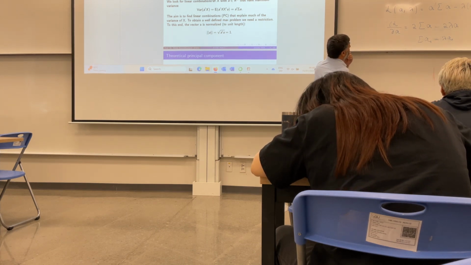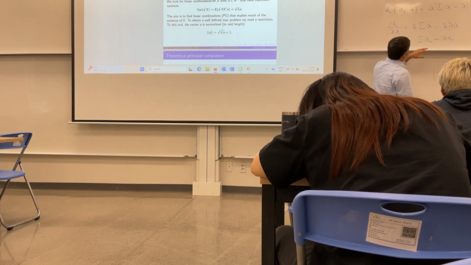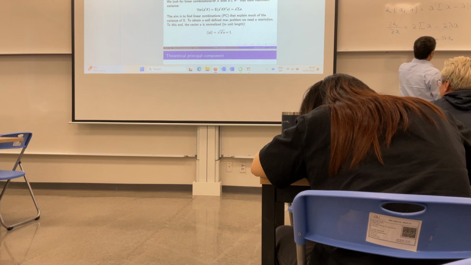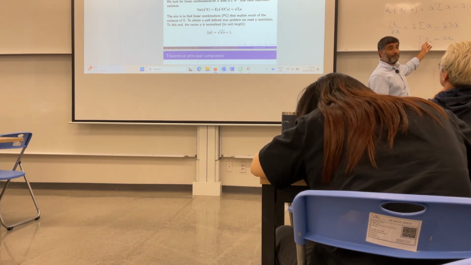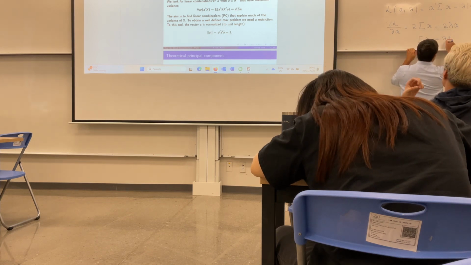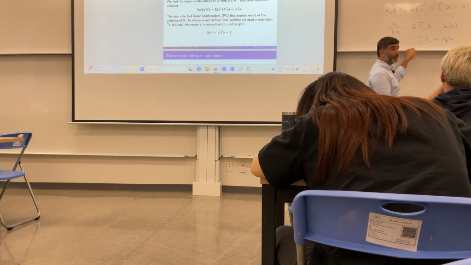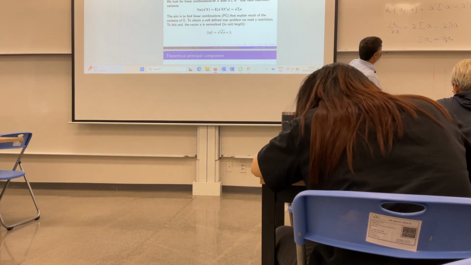Well, let's plug in, we know what A1 is. A1 is the eigenvector. Because I called it A1, this will also be lambda 1, the eigenvalue with respect to this function.